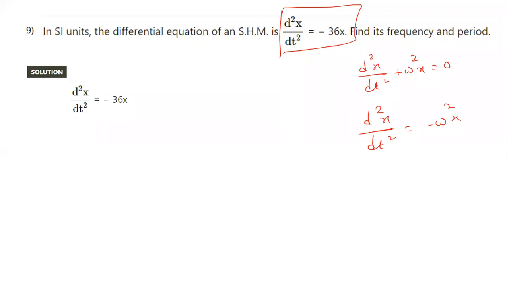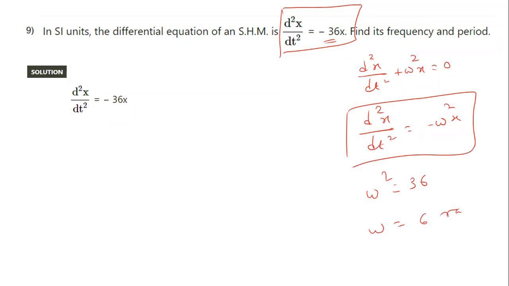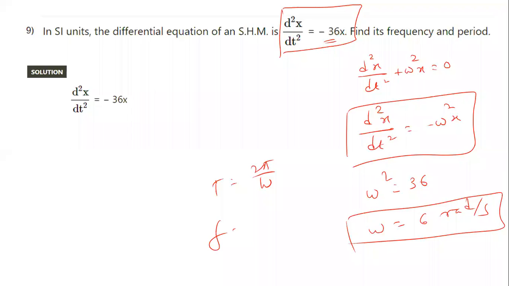So by using that you can write, omega square is 36. So omega is root 36, means 6 radian per second. As you get omega, then period is 2 pi by omega and frequency is 1 by period.